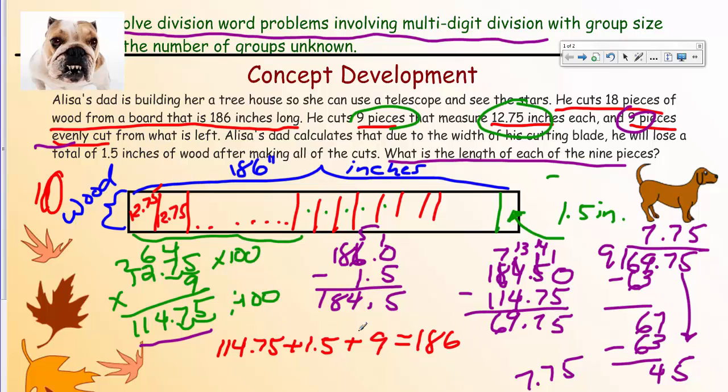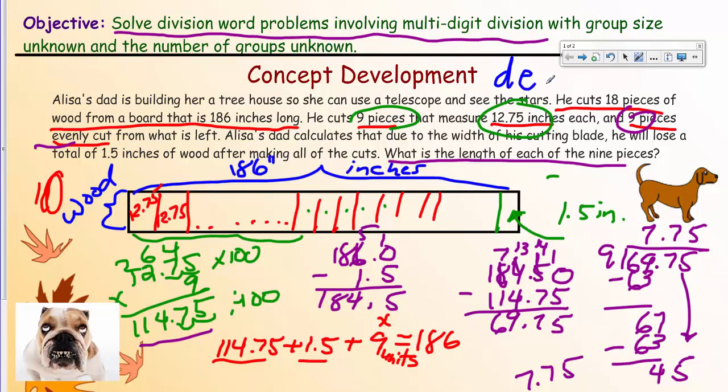The 9 units are like an X, right? We don't know what it is. And so what we did was we subtracted this from here, and that from there, in order to find out what those 9 pieces were. Are we okay with that? I hope so. Now we're going to go on to the next page.